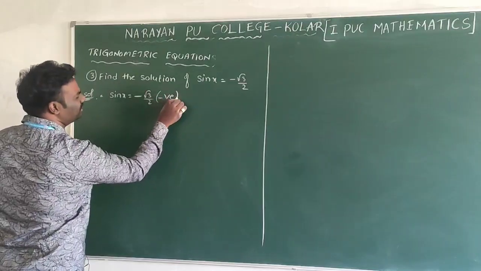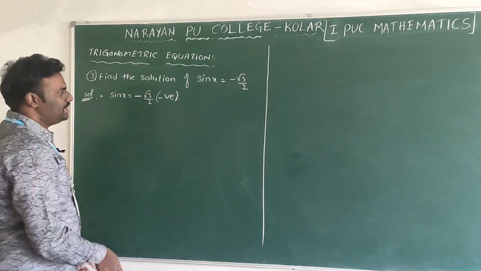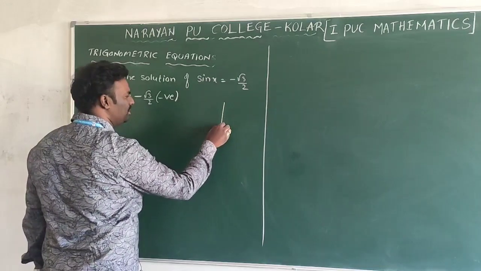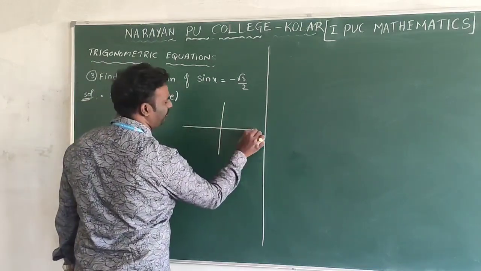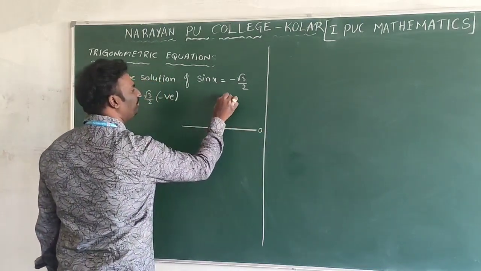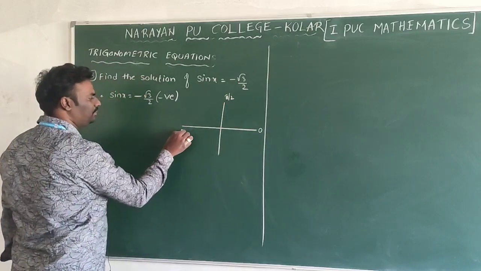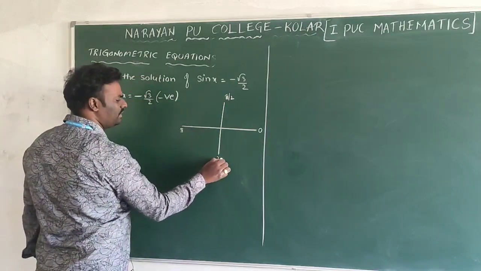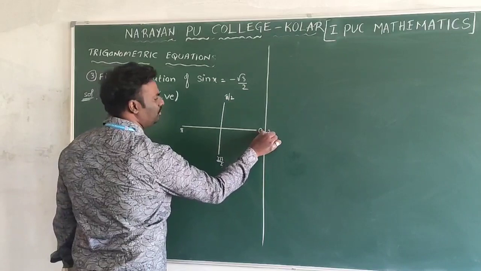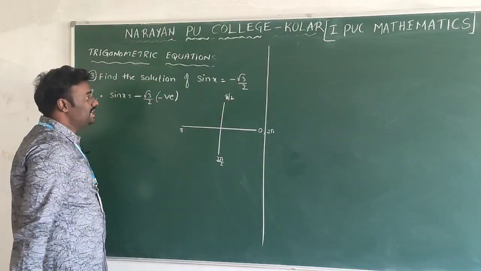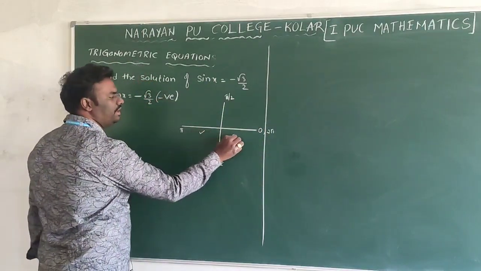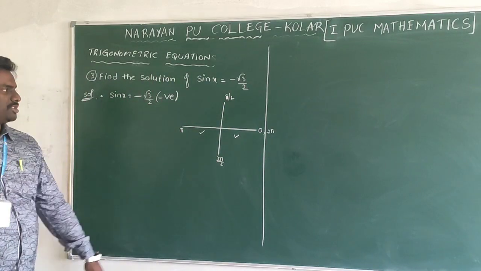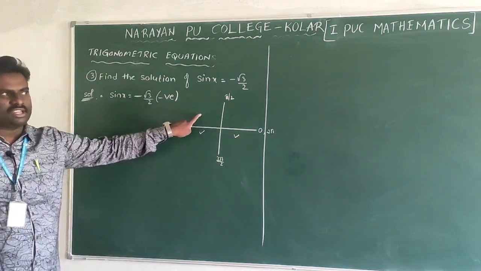Sin is negative. See here, sin is negative in which quadrant? 0, pi by 2, pi, 3 pi by 2, 2 pi. Sin is negative in the third quadrant and fourth quadrant. In the first quadrant all are positive, in the second quadrant also sin is positive.